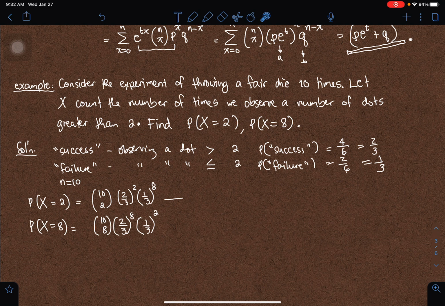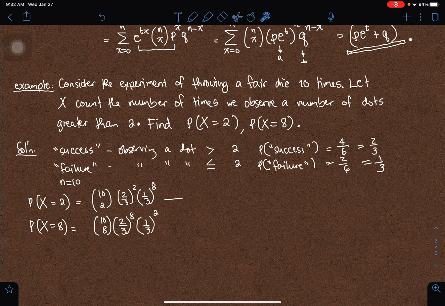Therefore, the probability of observing success will be 4 out of 6 because there are 4 dots greater than 2. And since the die is fair, each outcome has equal chance of occurrence, so that will be 1 over 6 each. And the probability of observing a failure will be 2 out of 6 or 1/3.